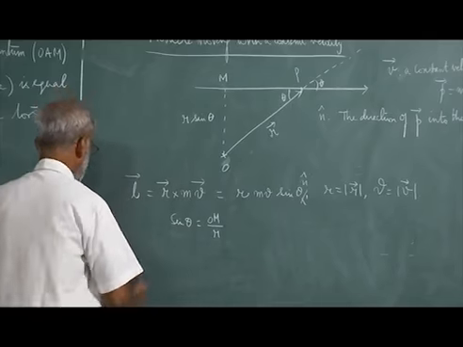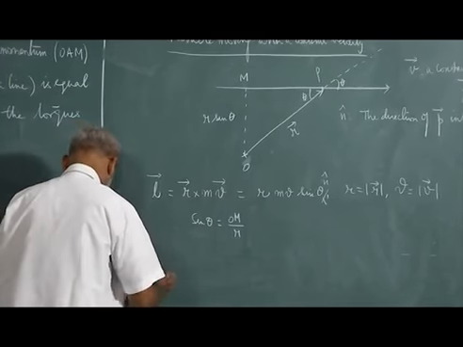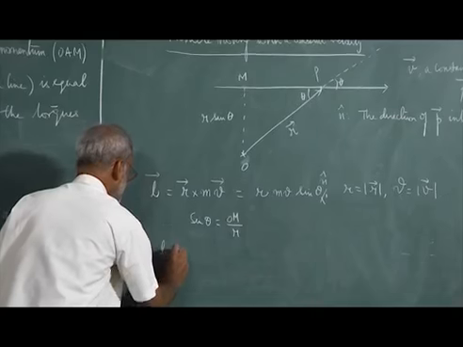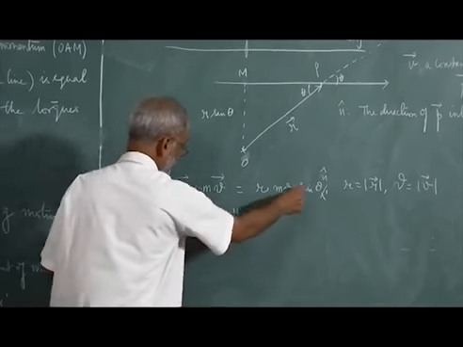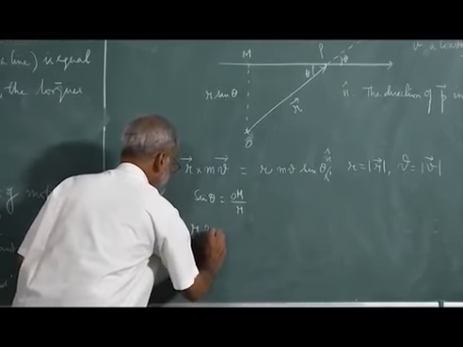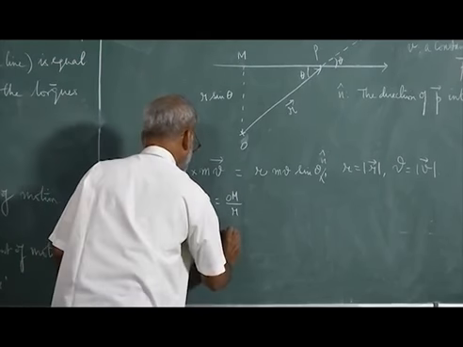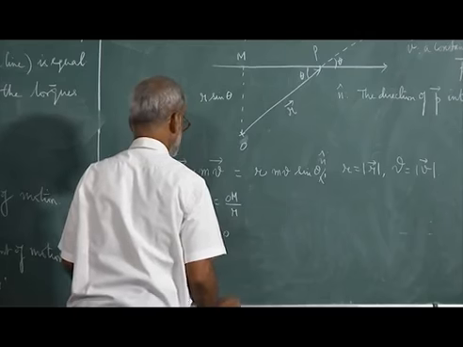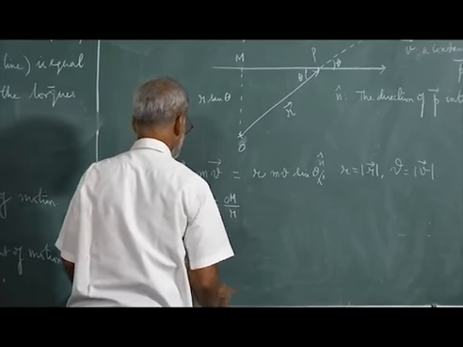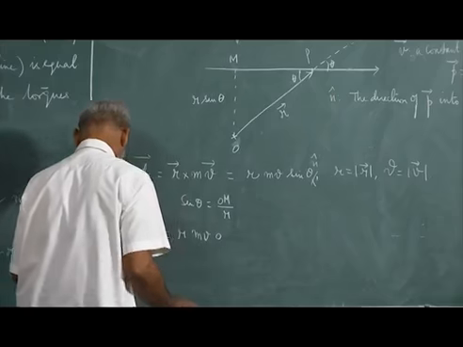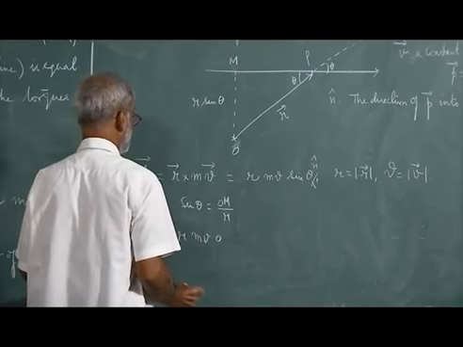Okay, fine. So, now I will have L, this is the magnitude alone I will write, so that I need not worry about the direction, r into mv into sin theta.